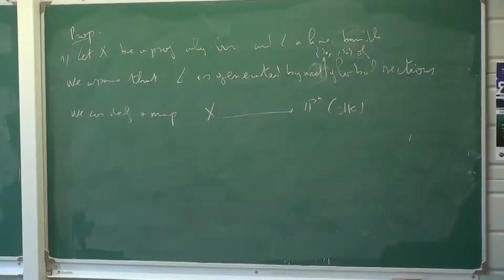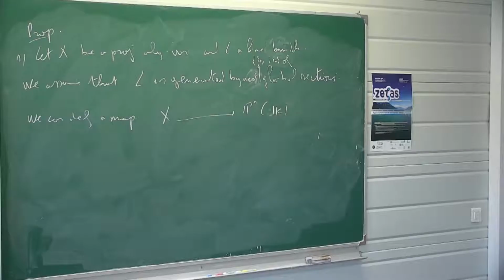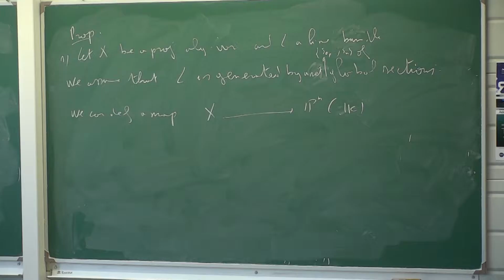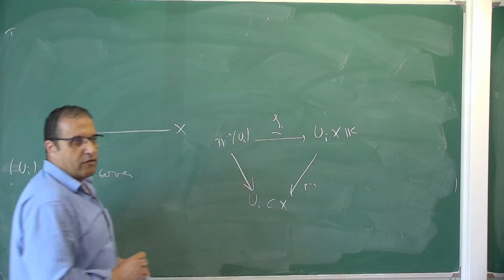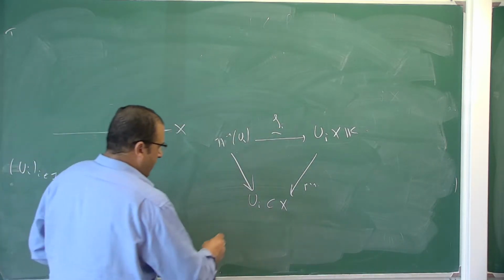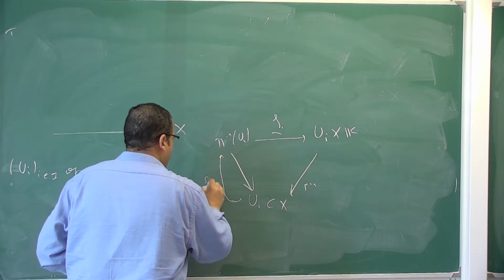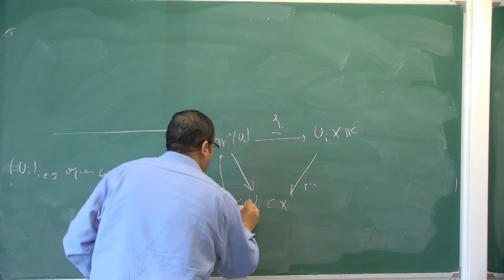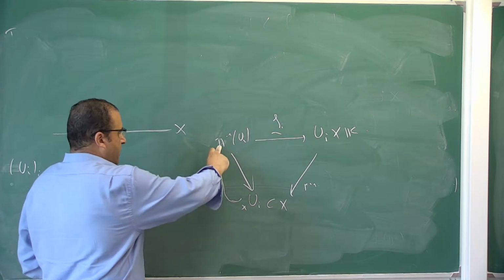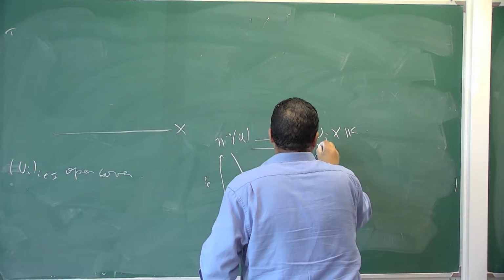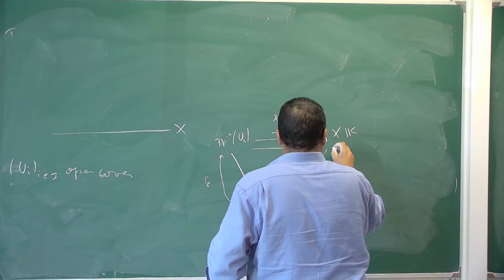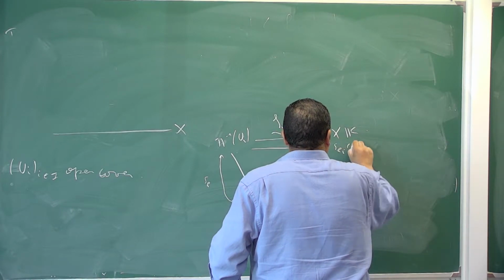If you look at the section s_k, the restriction of the section s_k sends a point x to a point here, and this point is sent to a point here.